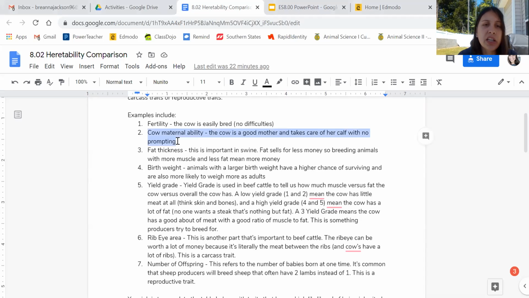So this is a really good example of something that probably has a low heritability estimate. It's hard to breed into animals. So this is something that could be improved through environmental factors. How can you make a mom cow be a better mother?